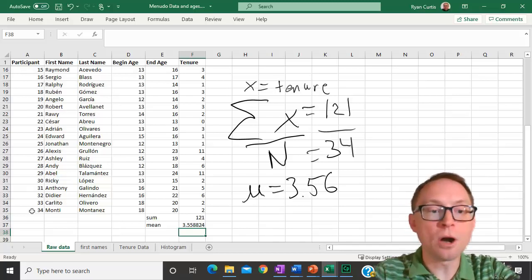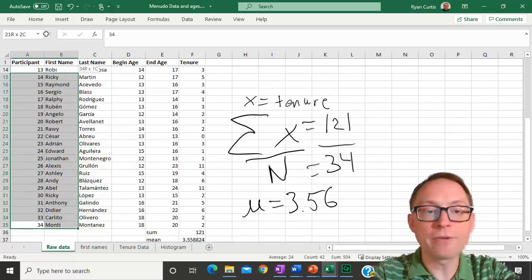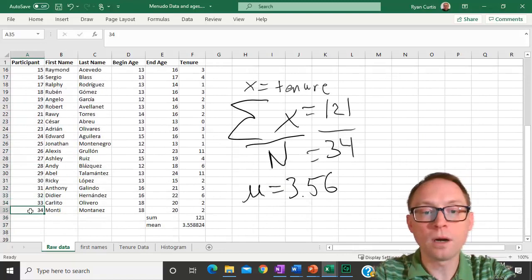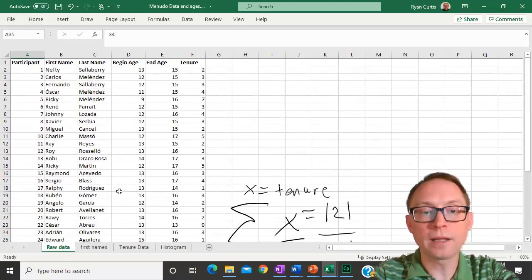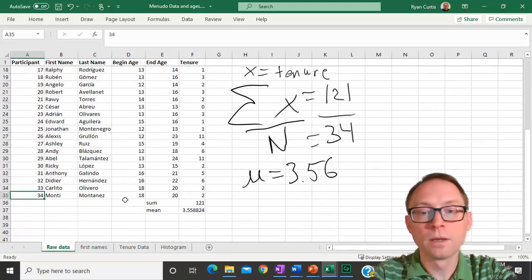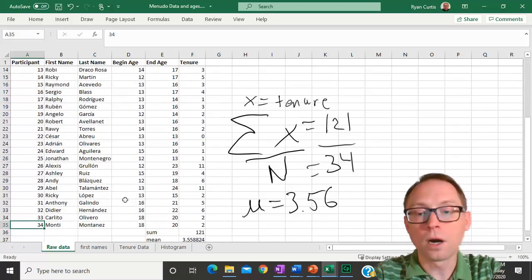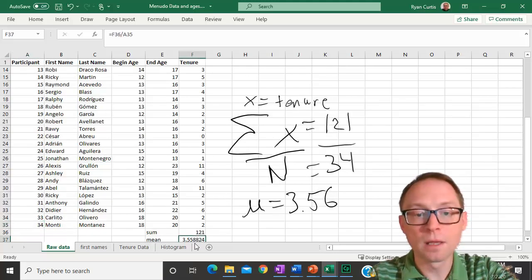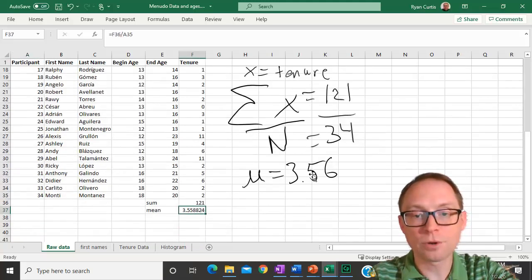These are all of the members that have ever existed in Menudo. That's all of them. All of these are members of Menudo. That's the whole population. So that means that this mean, the average score right there, 3.56, is the mu.